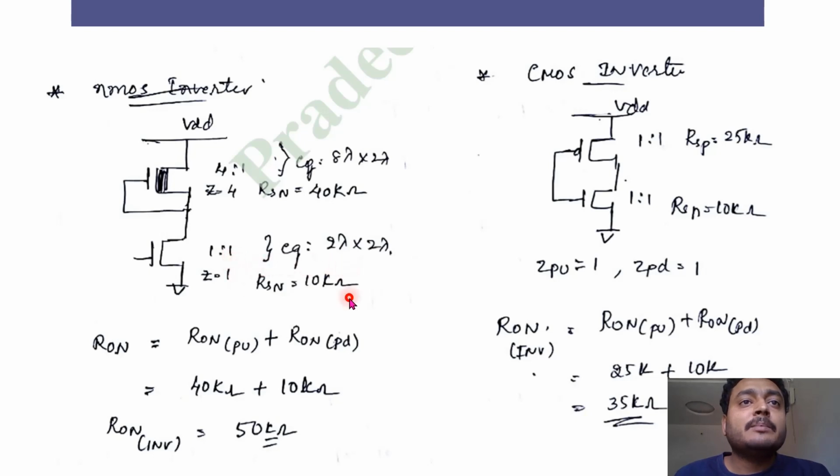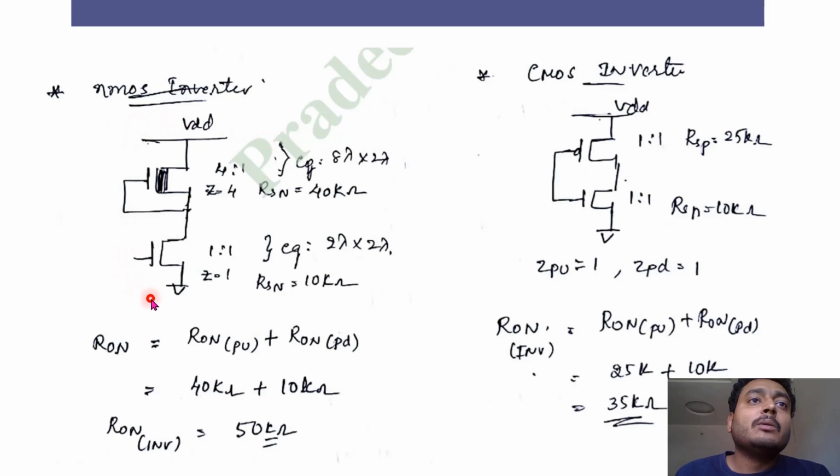When you take the example here, the resistance is given as 10 kilo ohm. So the channel resistance here is 10 kilo ohm, and since this one is 4 times larger, that is Z equal to 4, you can take it as 10 into 4, which becomes 40 kilo ohm.